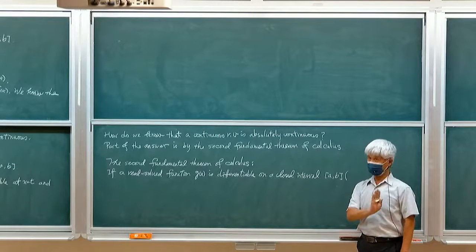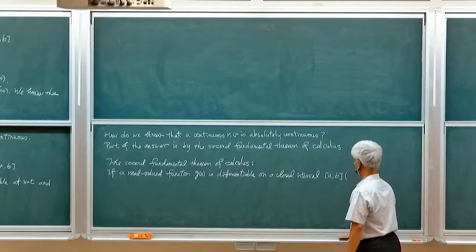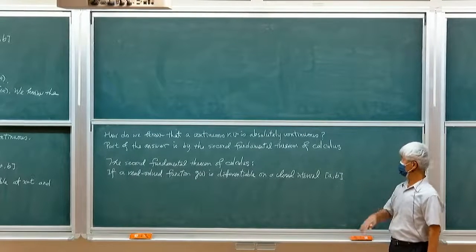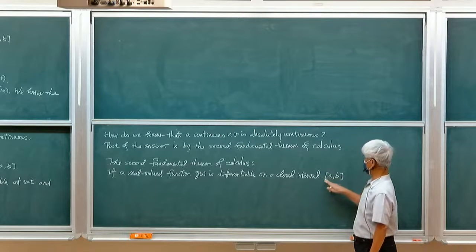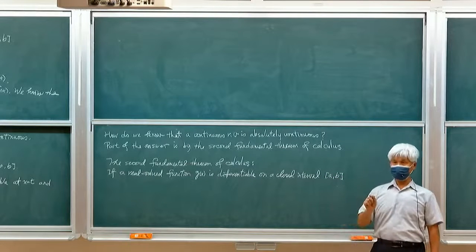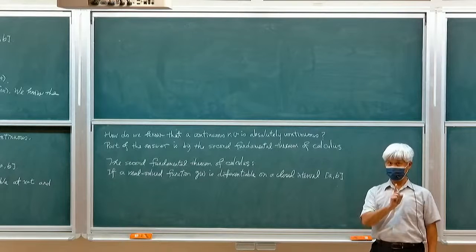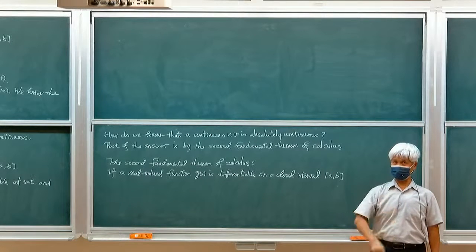So I don't want to write it again. When I say differentiable on a closed interval, then at the two endpoints we mean one-sided derivative exists, or one-sided differentiability. That is our mutual understanding.